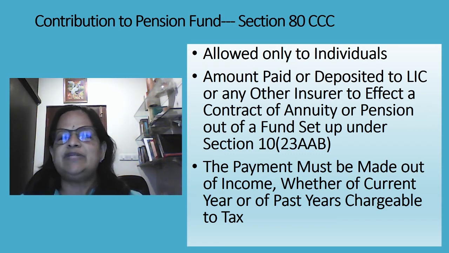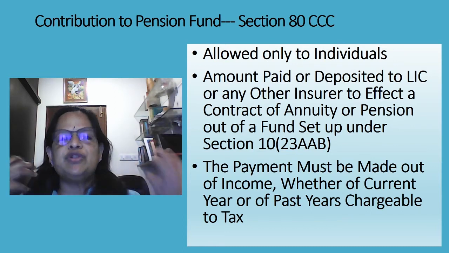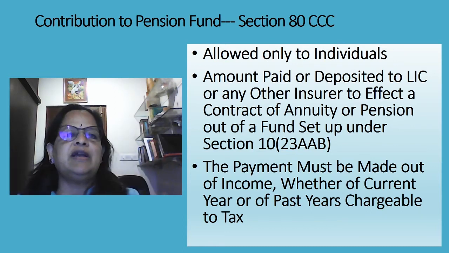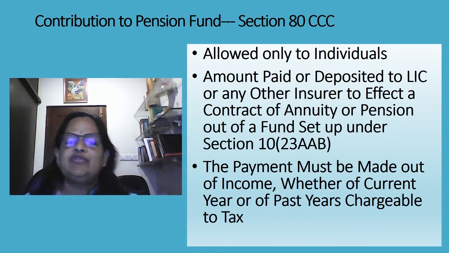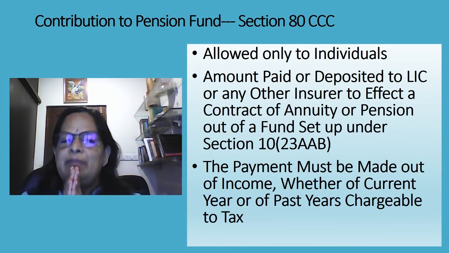All these are exempted. So if you make a contribution for a pension fund from that exempted income, you will not get any deduction for the contribution. This is the only section where you have to show that you are making the deposit out of taxable income.